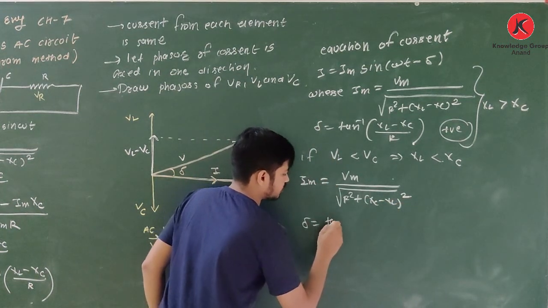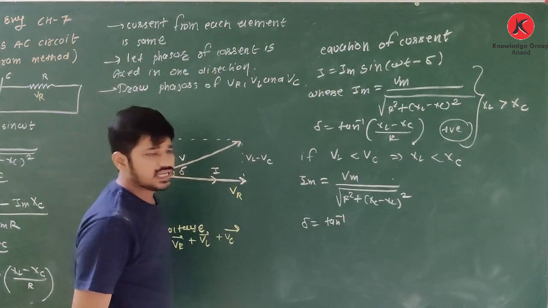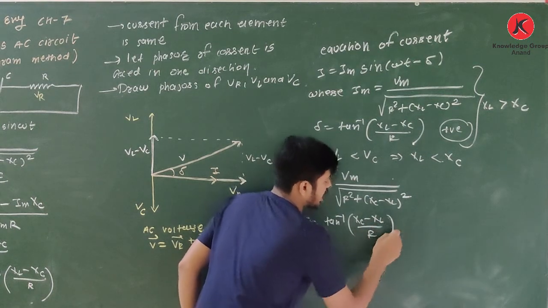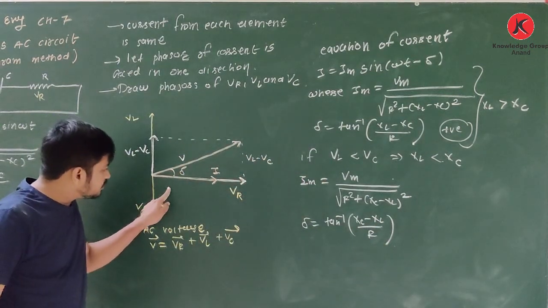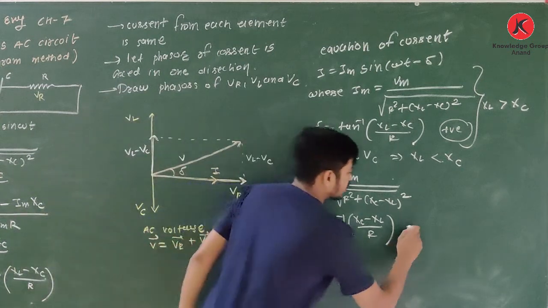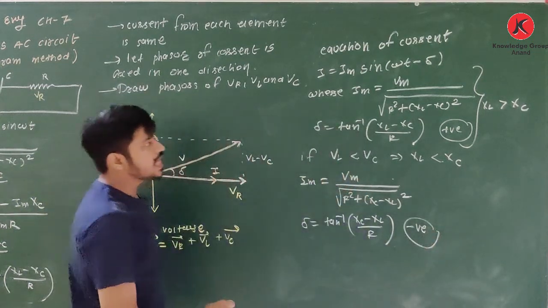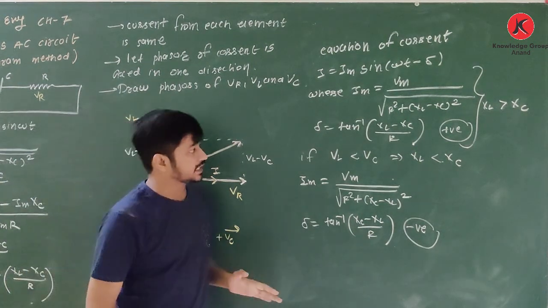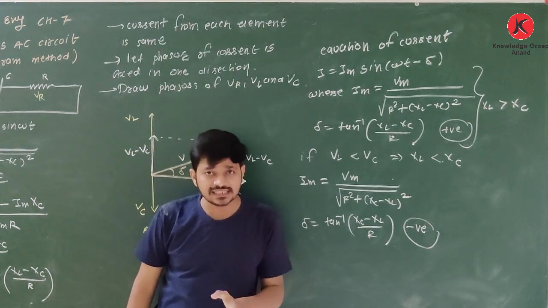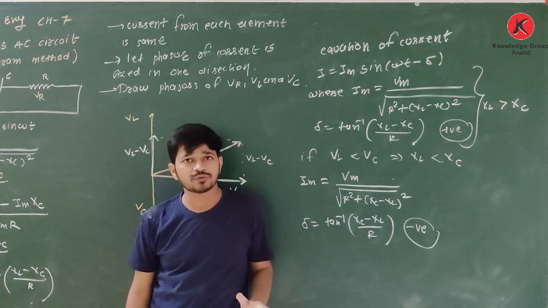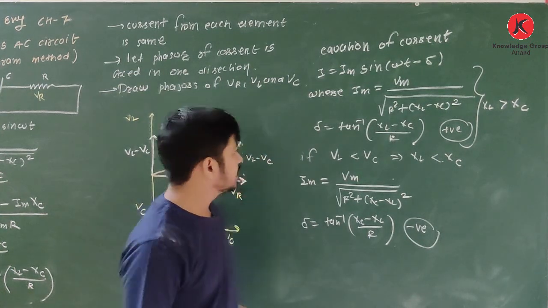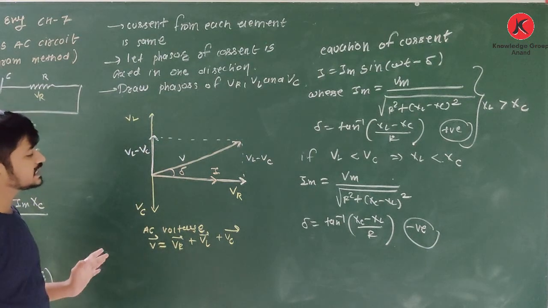And del is equal to tan inverse XC minus XL upon R. And it will be in the downward direction, means it will be negative. Clear about this? So it is all about the LCR series AC circuit.